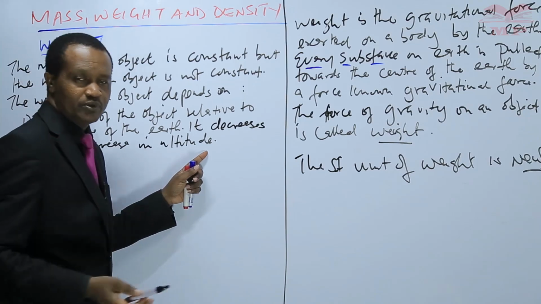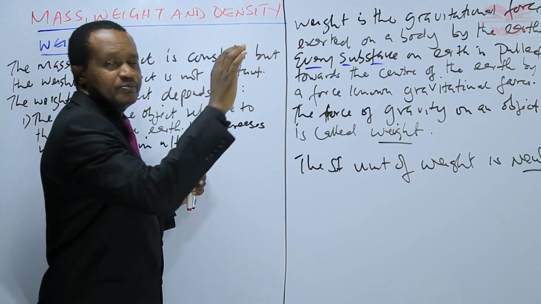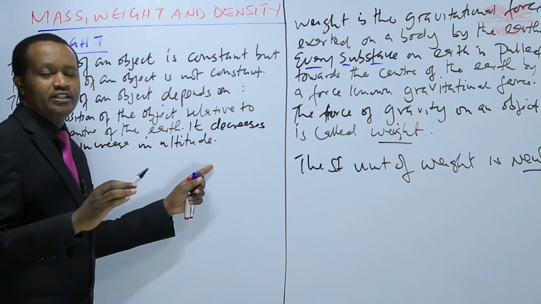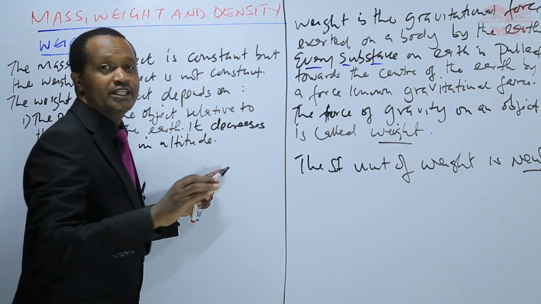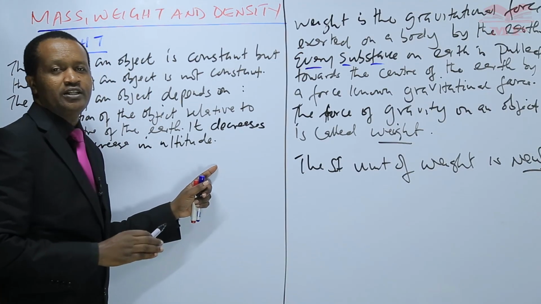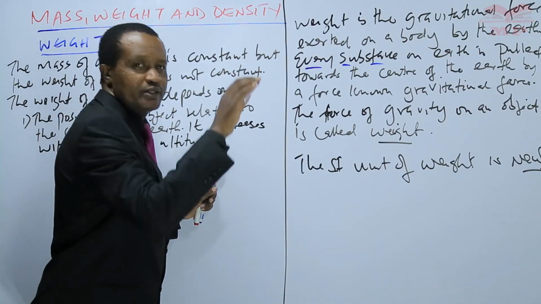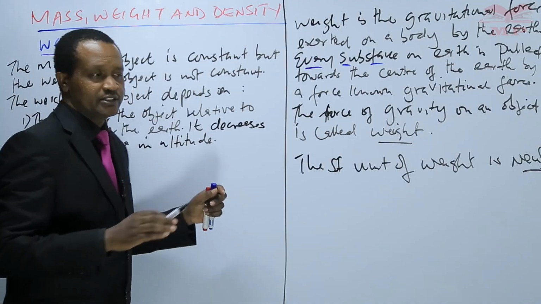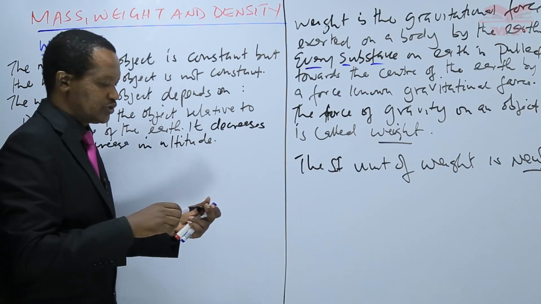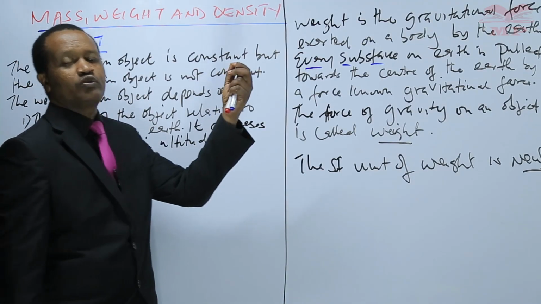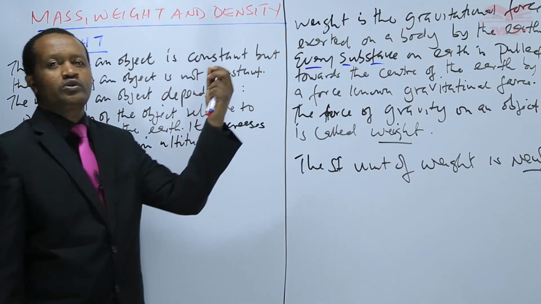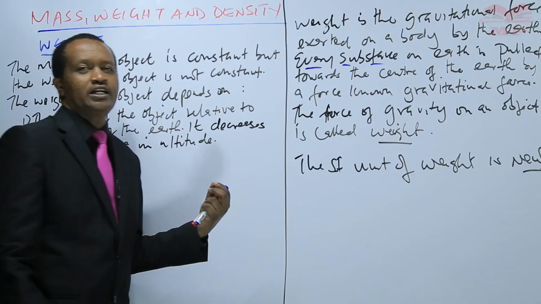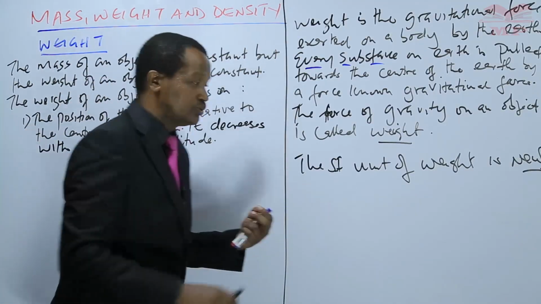Another example: if you move further into space, you may be weightless, because there is no gravitational pull towards the center of the Earth as you move far away into space.